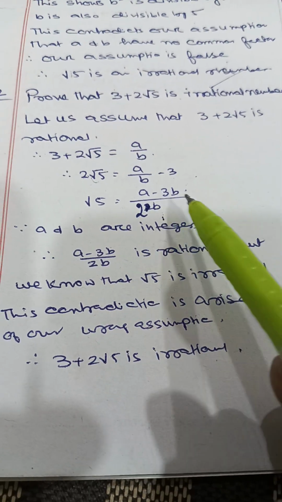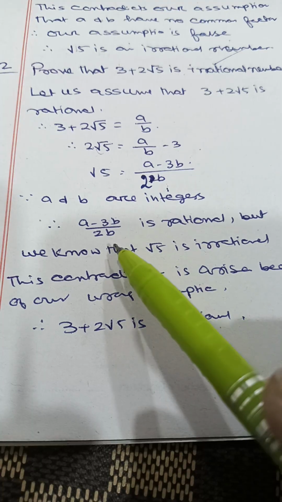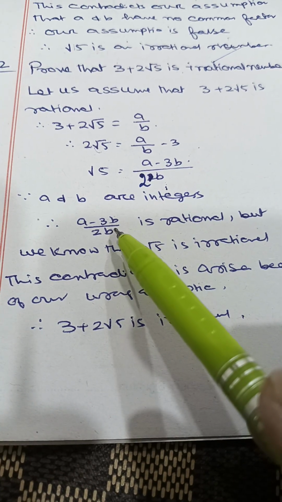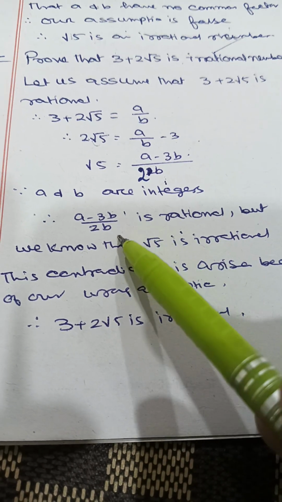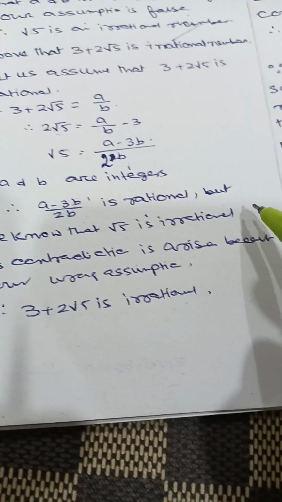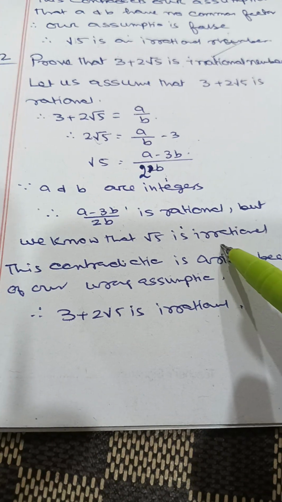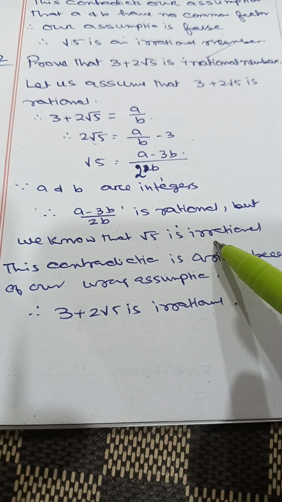So here you see a and b are all integers. So the calculation of integers is again a rational number. A minus 3b by 2b is again a rational number because it is in the form of a by b. But we know that root 5 is an irrational number because we have proved root 2 is an irrational number, root 3 is an irrational number.